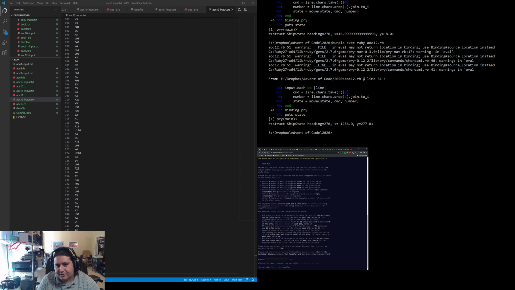F10 moves the ship to the waypoint 10 times. Wait, what? The waypoint starts 10 units east and 1 unit north relative to the ship. F10 moves the ship to the waypoint 10 times. F means move forward to the waypoint a number of times equal to the given value.